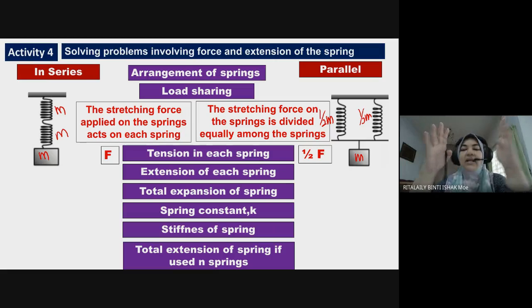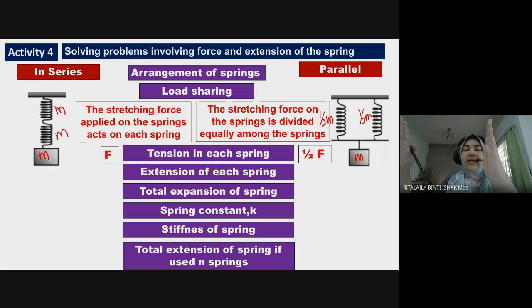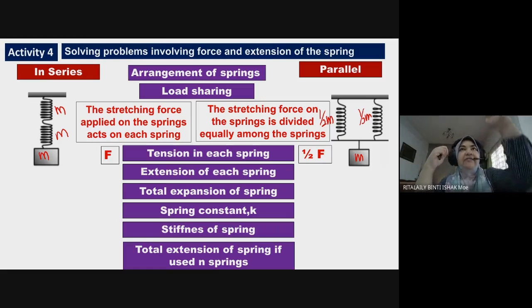Whereas for the parallel one is half. It is half because dia 2. If there are 4 parallel springs, dia akan jadi 1/4. It will be divided equally among the springs. Okay, if it is in series, all the springs will hold the same force.